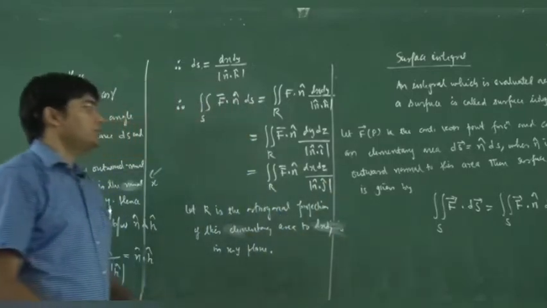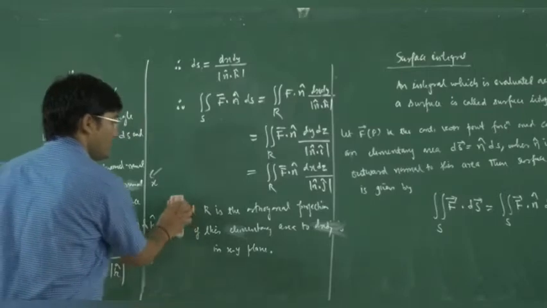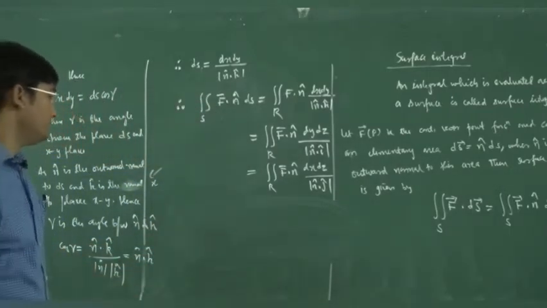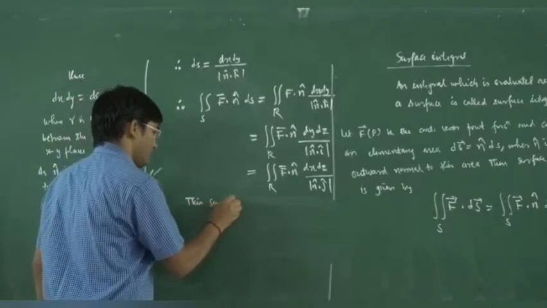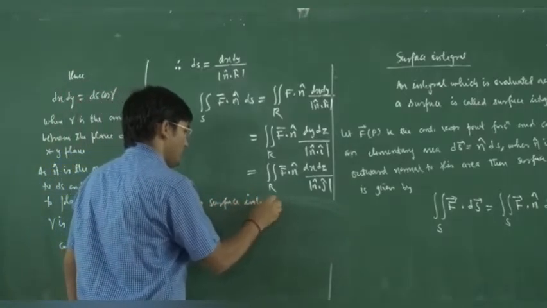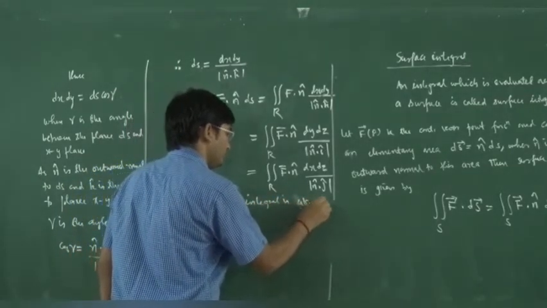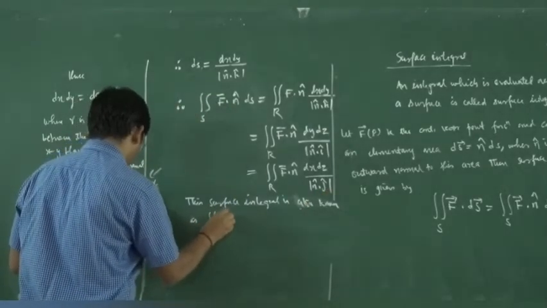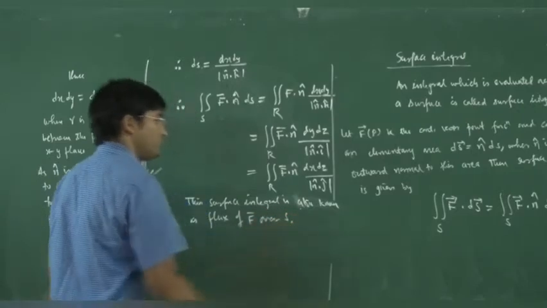So this is the double integral of the vector point function F over a surface S, and this surface integral is also known as the flux of F over this surface S.